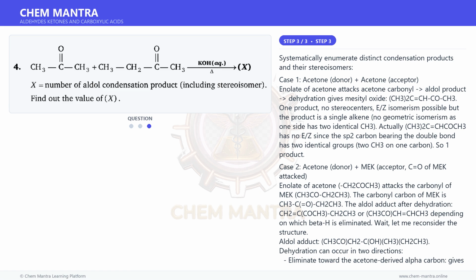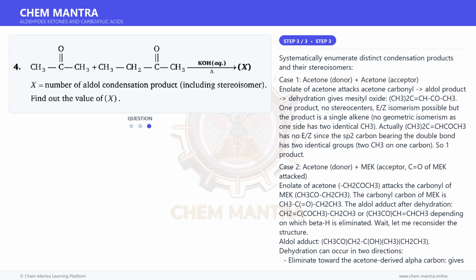The enolate from the CH3 of MEK attacks the MEK carbonyl. The adduct is CH3CH2COCH2C(OH)(CH3)CH2CH3. Dehydration options. A: eliminate from the donor CH2 side, CH3CH2COCH=C(CH3)CH2CH3, which has E/Z isomers, 2 products.